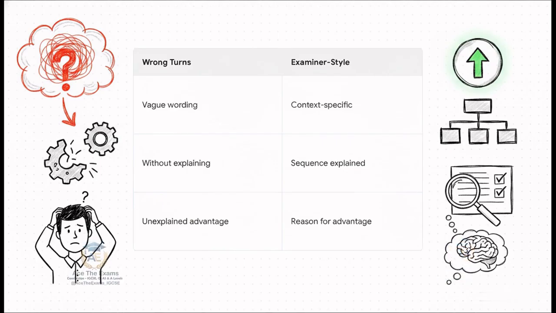Now for our speed writing challenge. You have 30 seconds to rewrite that flaw into a perfect PEEL paragraph.